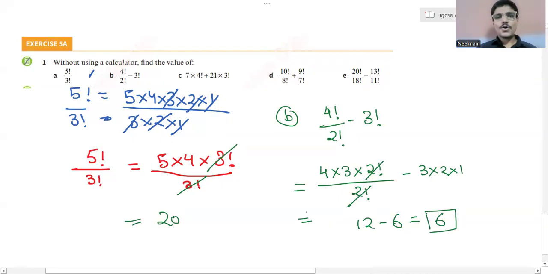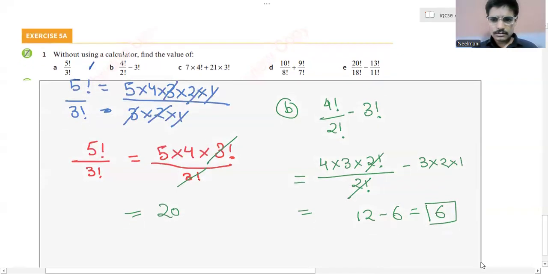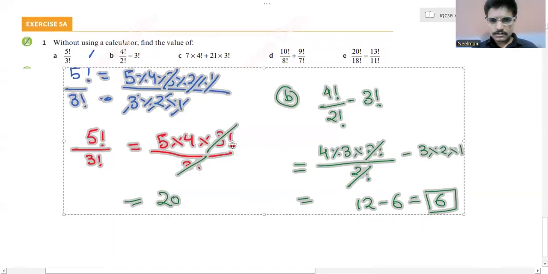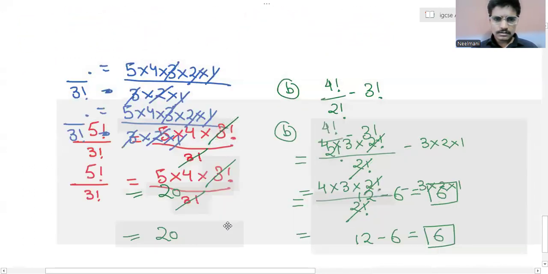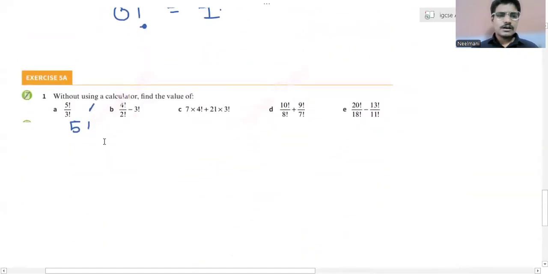That's it. Now, just see part C. How to do this? Just wait a minute.